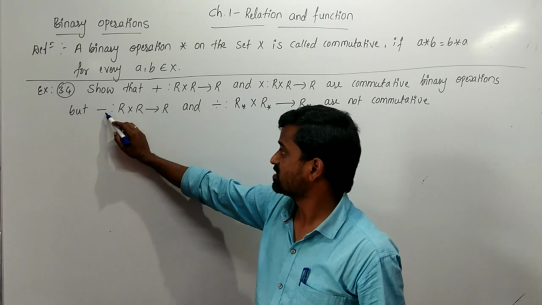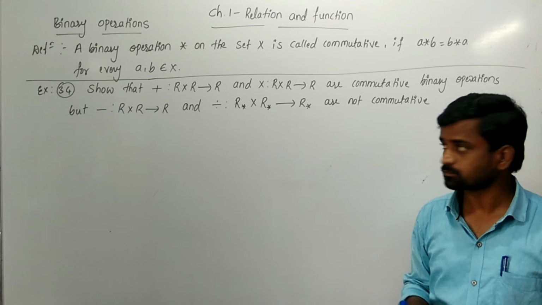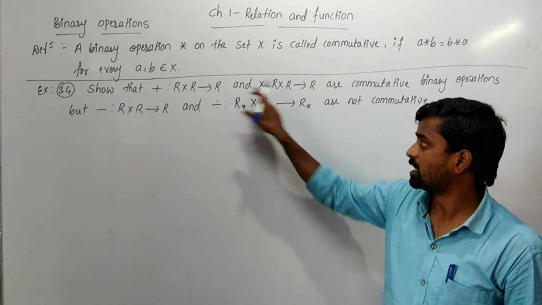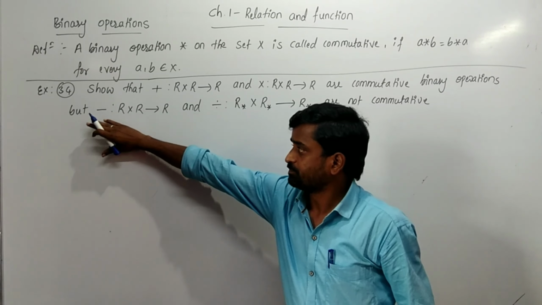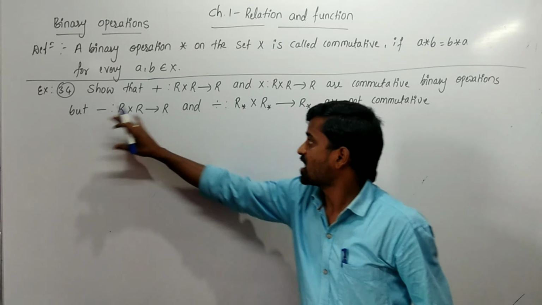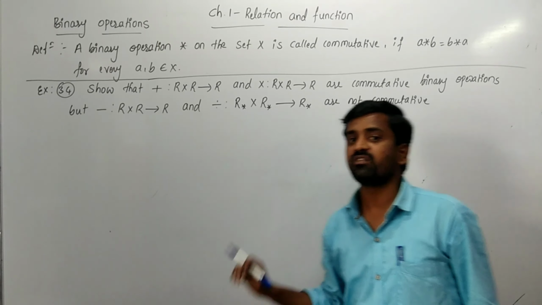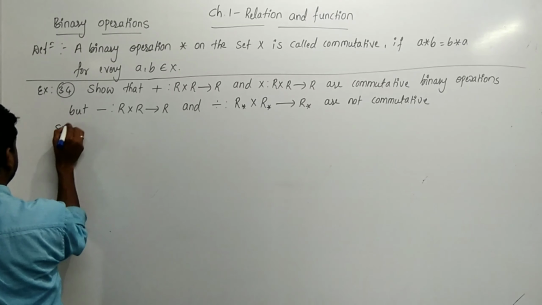But subtraction and division are not commutative. So addition and multiplication are commutative binary operations, but subtraction and division are not. Solution.